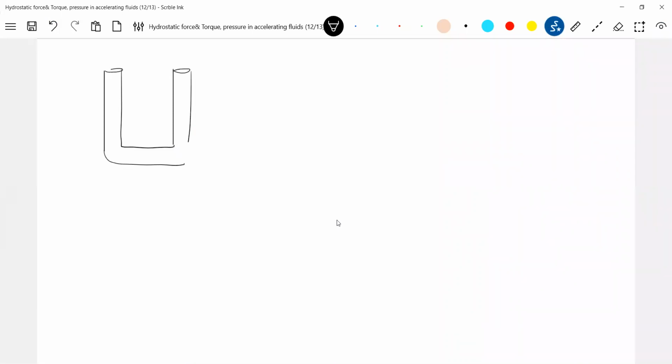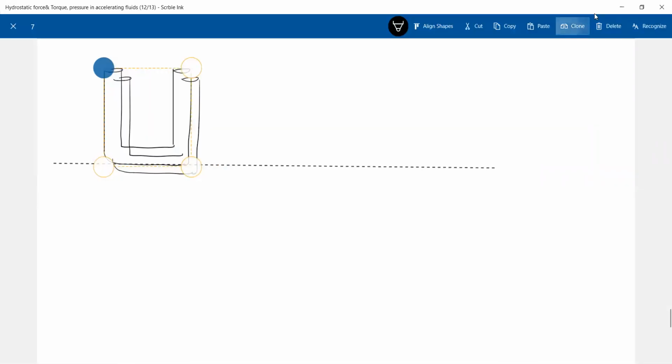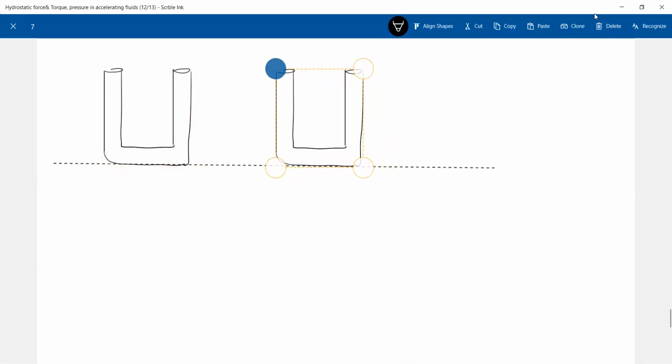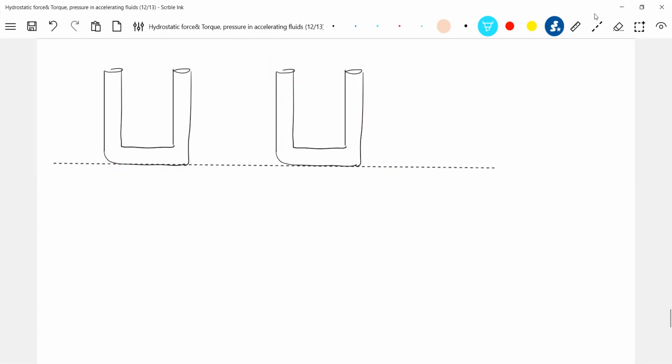Instead of this container, if there's a U tube. So initially I'll fill up a liquid to a level H. So initially it's at rest.